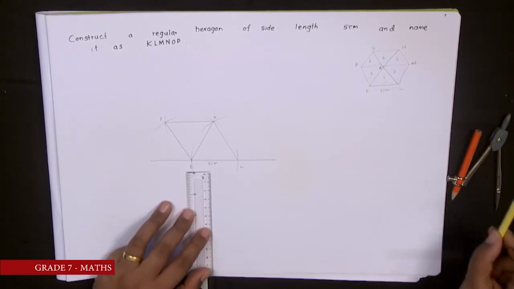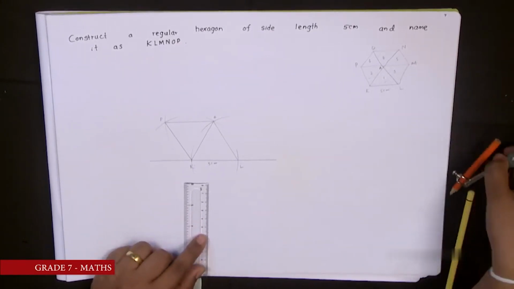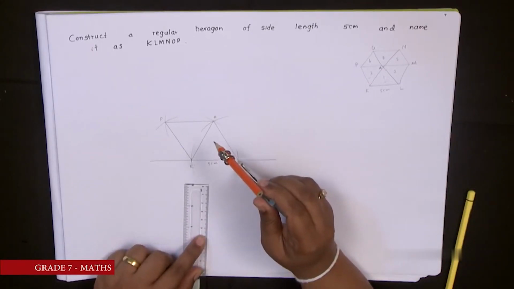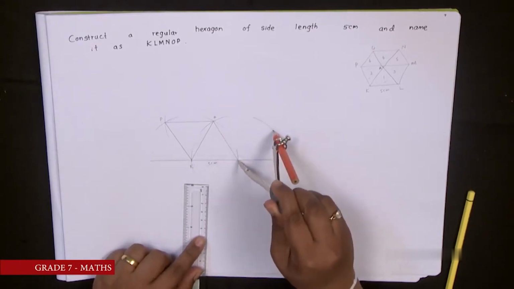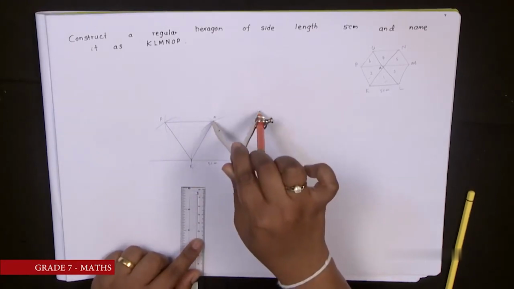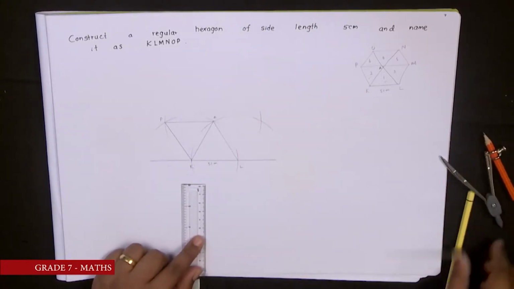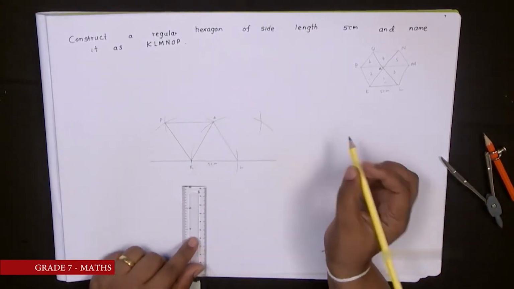Right. Now we need to construct the point M. Therefore, without changing the gap, I am going to place my pair of compasses on L, draw an arc, then place the pair of compasses on A, draw an arc. Now we have found the vertices of the third triangle.